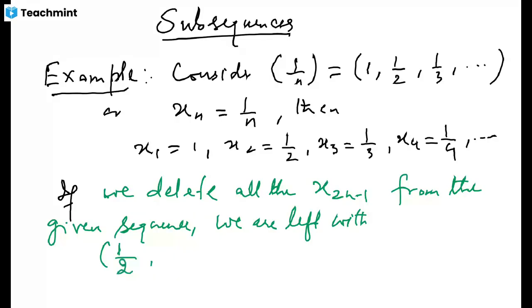Let me write in a different way, not 1 by 2. So we will be left with x2, x4, x6, x8, and so on. What we have done, we have deleted x1, we have deleted x3, we have deleted x5, x7, and so on.